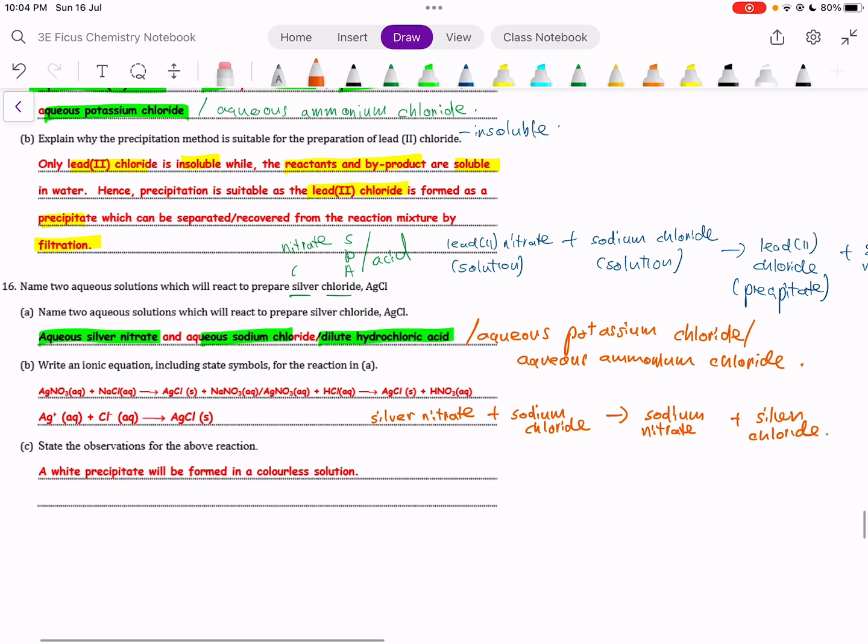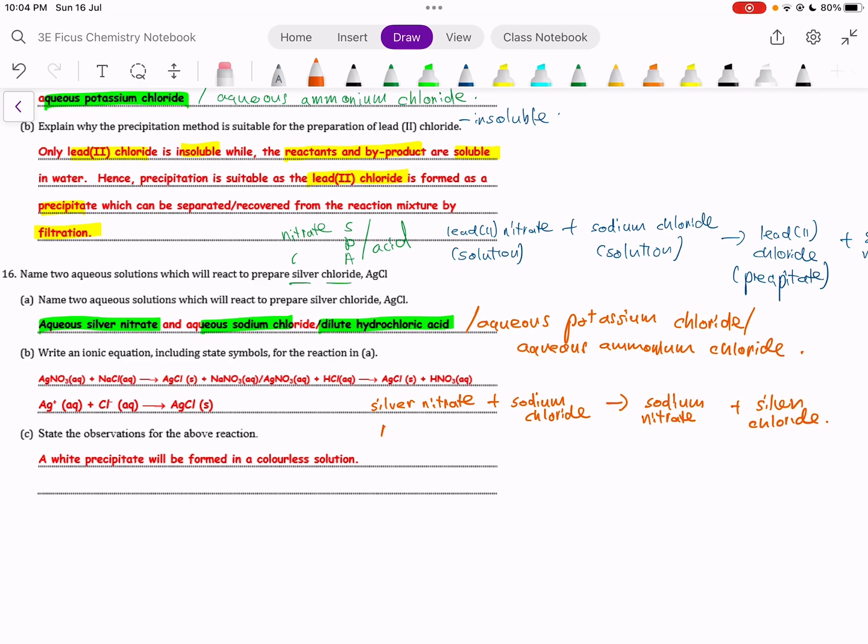This is Ag plus, nitrate is NO3 minus, sodium Na plus, chloride Cl minus, sodium Na plus, NO3 minus. Silver is always plus 1 although it's not in group 1. Then all is 1:1, so AgNO3 plus NaCl gives you NaNO3 plus AgCl.